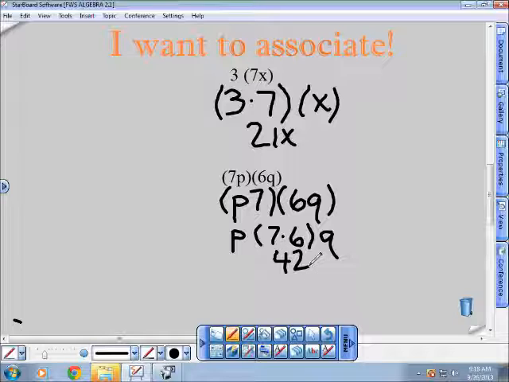No, you gotta watch your P's and Q's. You can't mix those together. So we have to leave those by themselves, which is just PQ. And by the way, in order to move my P back over here next to the Q, what property am I using? Commutative again. Good. 42PQ.